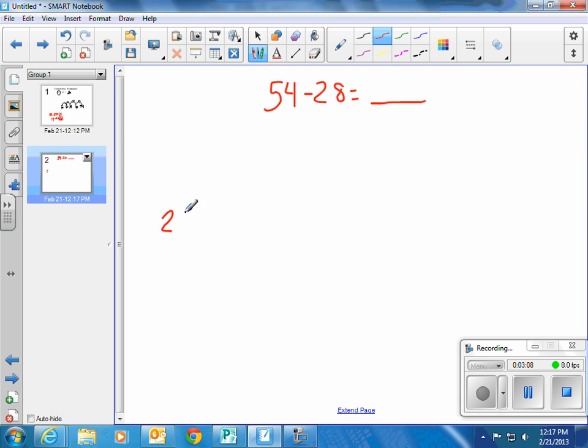So I'm going to start at 28, and I'm going to go forwards until I get to 54. So 38, 48. I can't go another 10, I will be too far. So 49, 50, 51, 52, 53, 54.